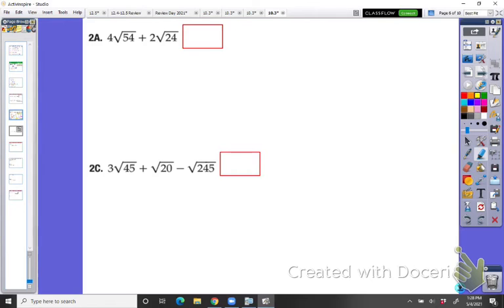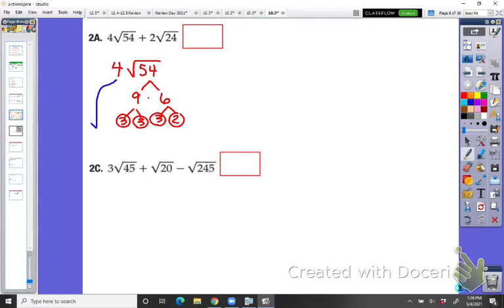I will explain 2a, and then there will be one for you to try on your own. So the square root of 54, again, factor tree, 9 times 6, 6 is 3 and 2, 9 is 3 and 3. Rewrite it, bring the 4 down in the front.